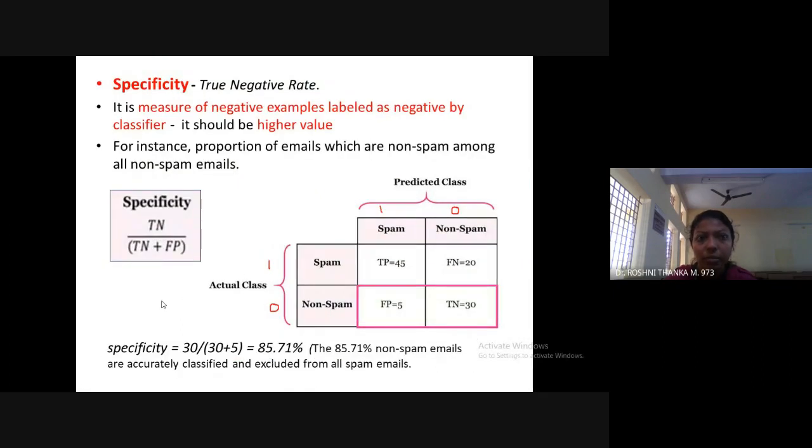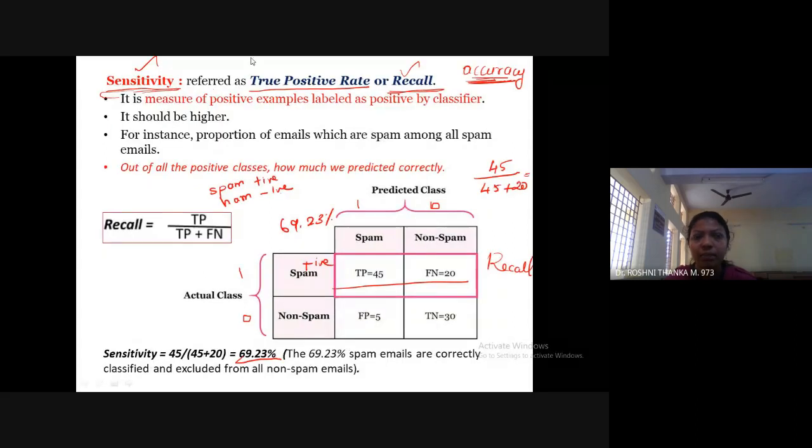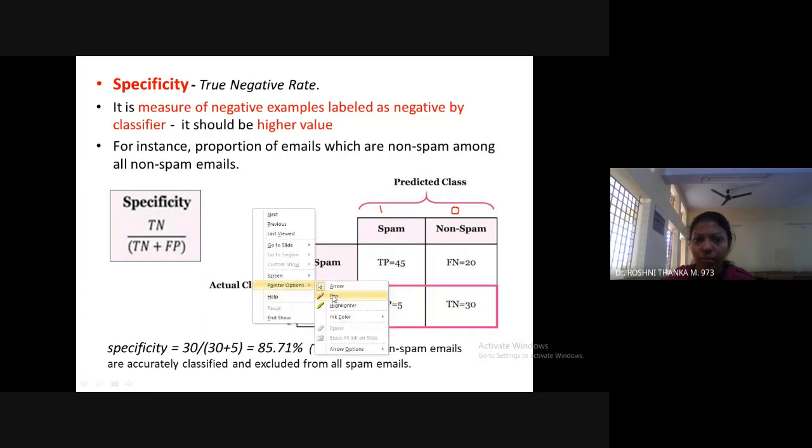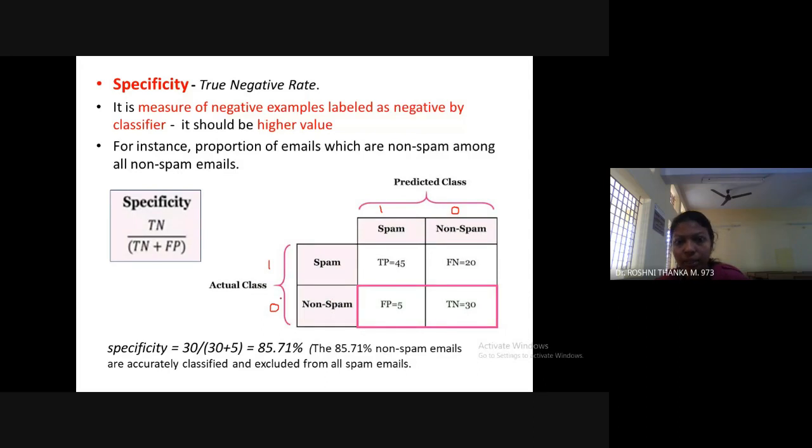Okay, and the next one is specificity. This is the next measurement. Sensitivity is the true positive rate, and specificity is the true negative rate. True negative rate considers only the negative classes, here the non-spam mails, the actual values. The formula is true negative divided by true negative plus false positive.